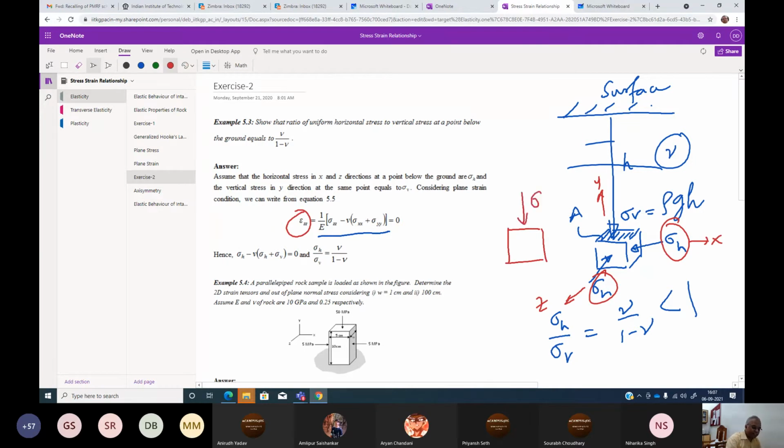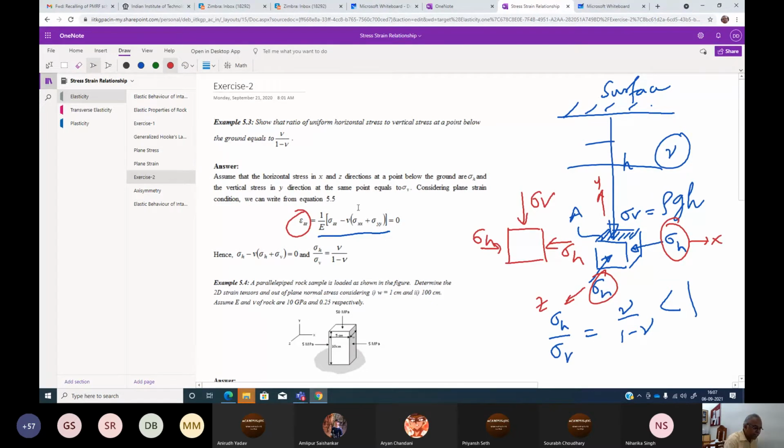So we have a sigma V here and a sigma H here, and the out of plane sigma H will be there, but epsilon ZZ will be 0.